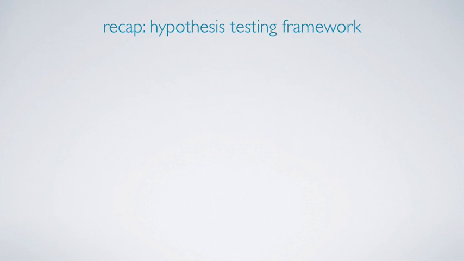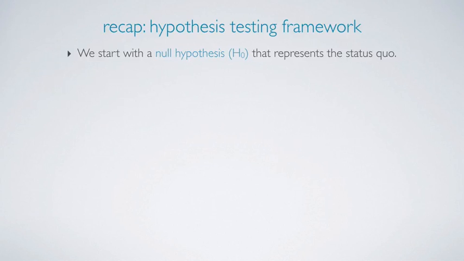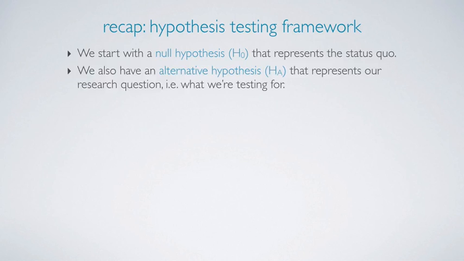So to remind ourselves of the framework, we start with a null hypothesis, that we usually call H0, and that represents our status quo. We also have an alternative hypothesis, our HA, that represents our research question, in other words, what we're testing for.